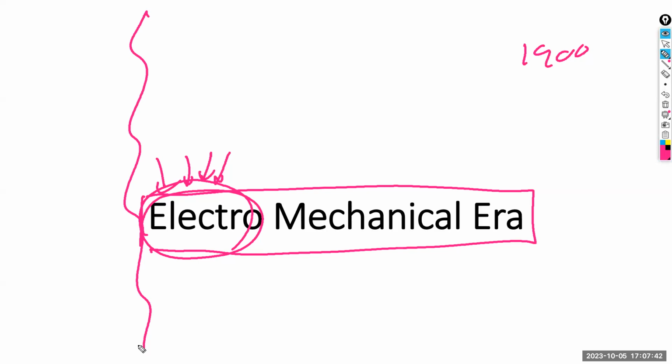Of course, the abacus we can't say is European, but from Napier's bones onwards, the Pascaline and so on, it was pretty much Western Europe. But when it comes to the electromechanical era, it is mainly the USA, or America.